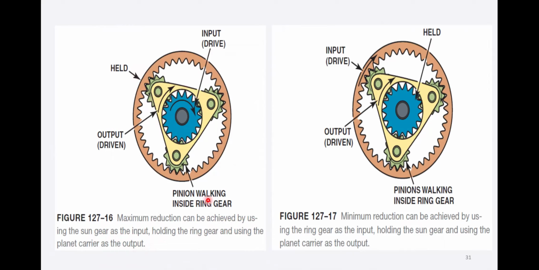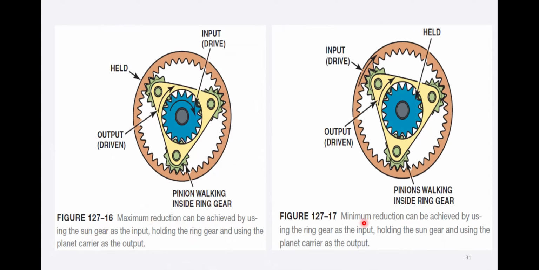So the pinions walk inside the ring gear, and we achieve the output from the planet carrier. In this case, the maximum reduction is achieved by using the sun gear as the input, holding the ring gear, and using the planet carrier as the output. So this was one condition in which we have a maximum reduction.